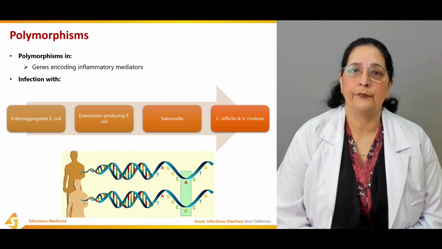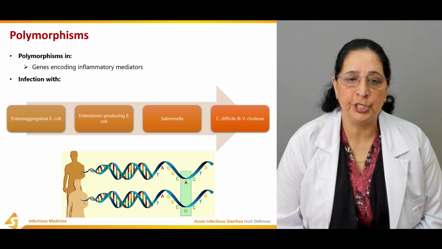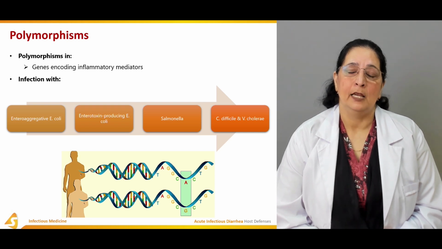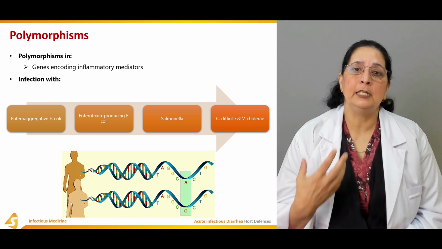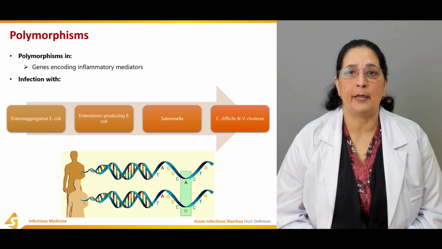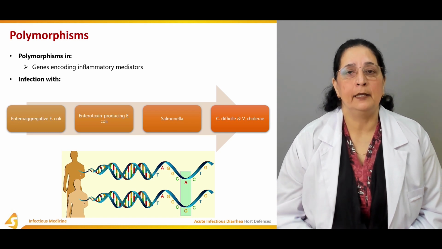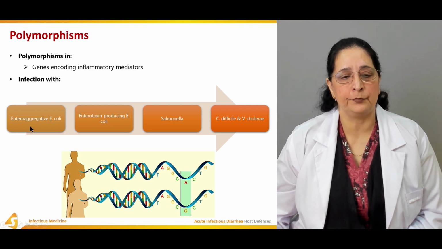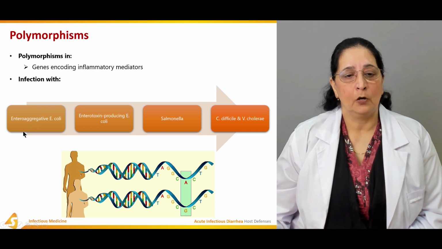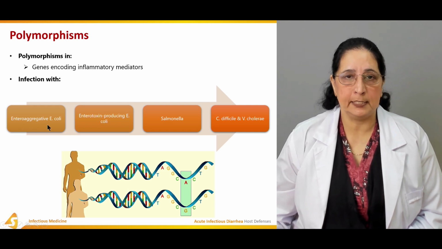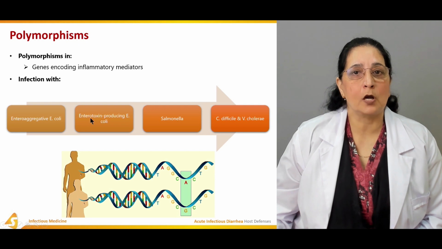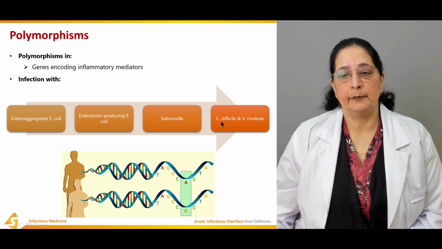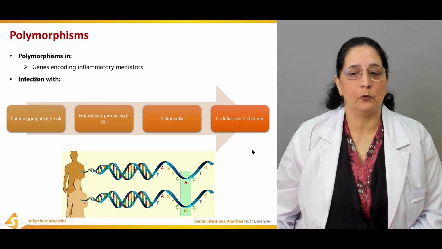So if there are changes in the genes which code for the inflammatory mediators, people are more prone, or the polymorphism is more associated with infection caused by enteroaggregative E. coli, enterotoxin-producing E. coli, Salmonella, Clostridium difficile, and Vibrio cholerae.